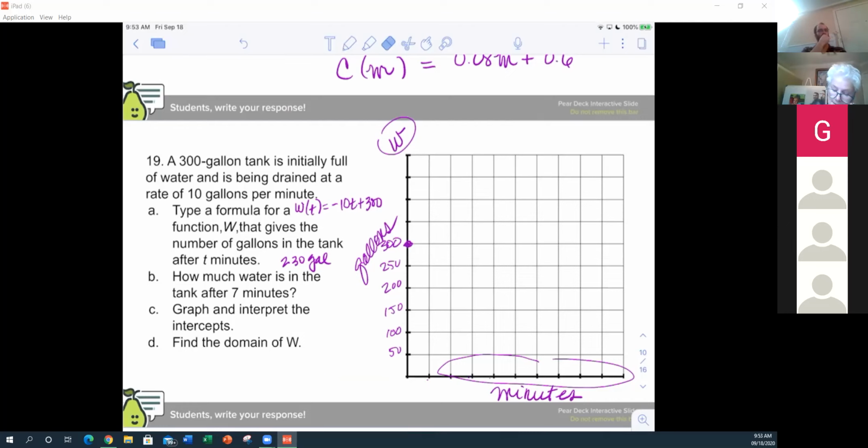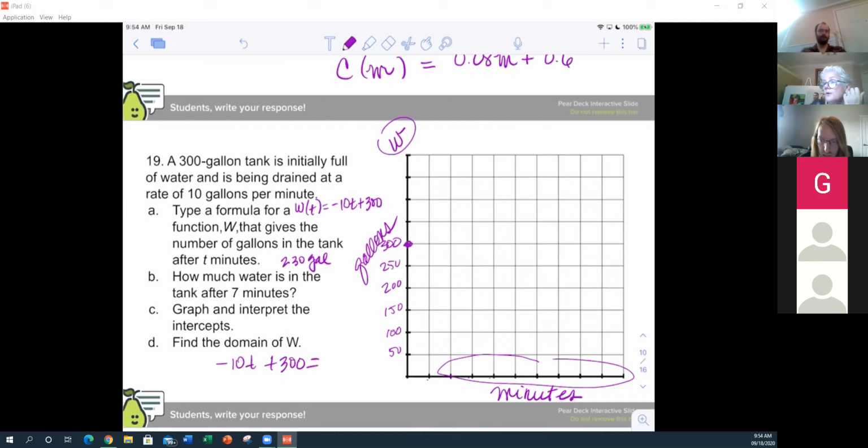Okay, so basically what they're asking you to do is plug 0 in for y and see what x is. Or in this case, you're going to plug 0 in for w, right? Because w is like our y values. Right. So we're going to say negative 10t plus 300 equals what? 0. 0, right.